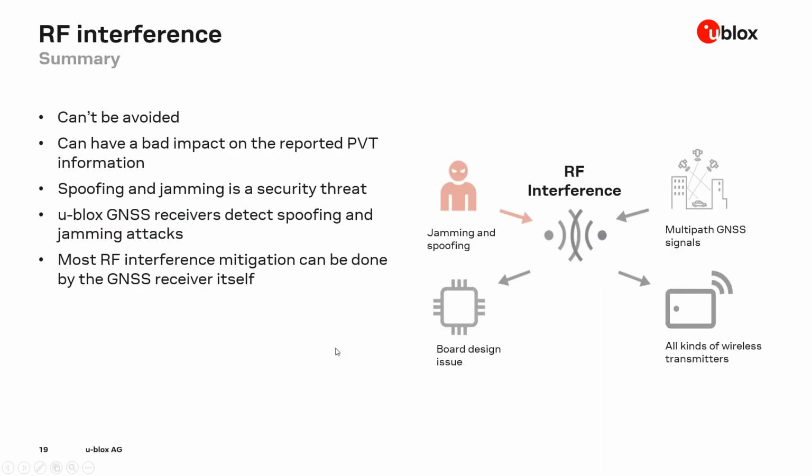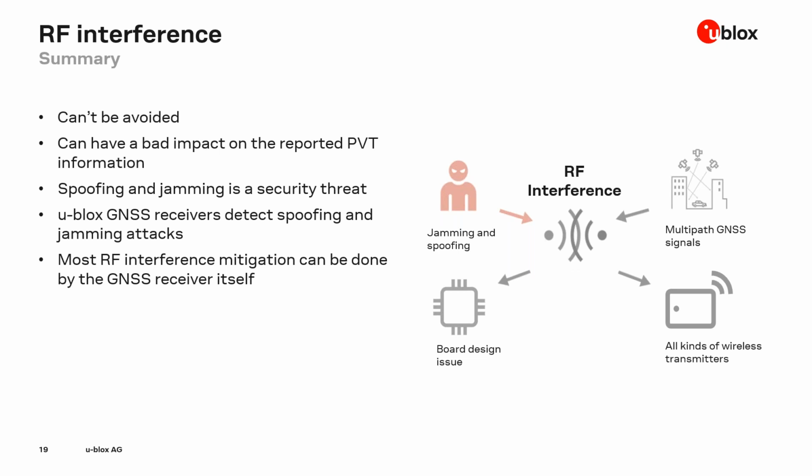What we discussed until now is that RF interference can't be avoided. We have to handle this somehow. It can have a bad impact on your GNSS. Then we discussed spoofing and jamming, which we treat as a security threat.